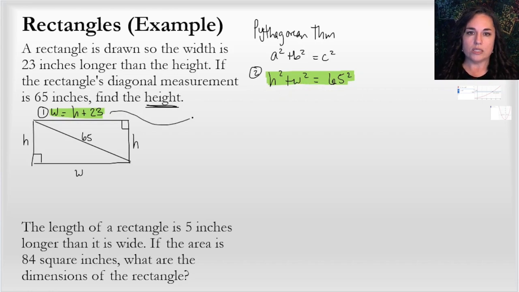So what I'm going to do is a little substitution in here. I'm going to put what I know about w in this equation here. So h squared plus h plus 23 squared equals 65 squared. Okay.